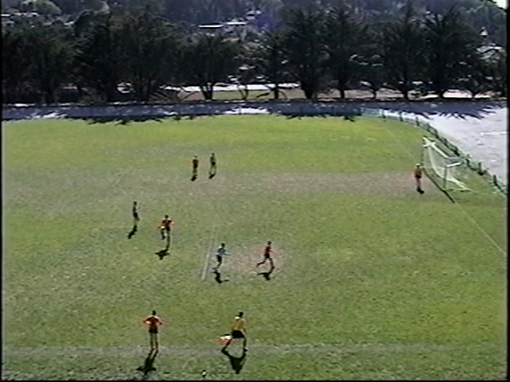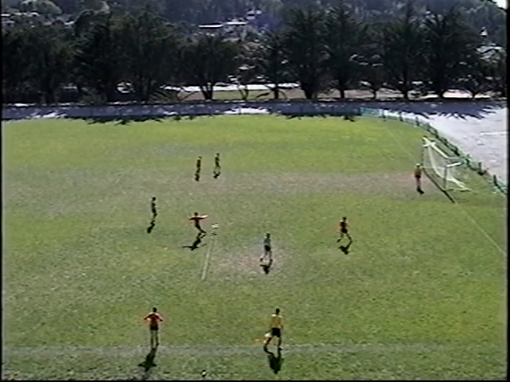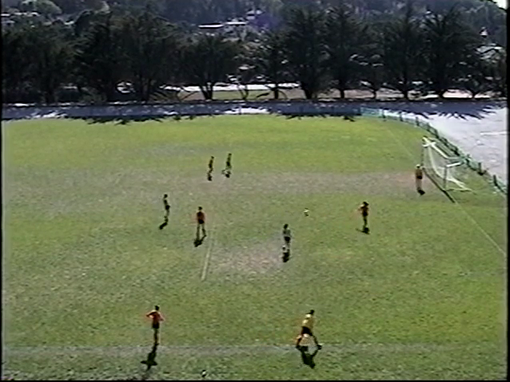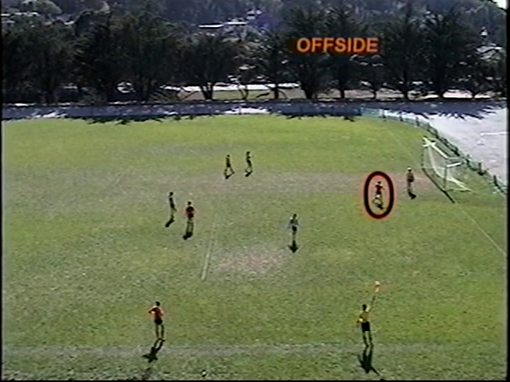At the same time, the lead attacker has moved into an offside position, ahead of the second-to-last defender. This player has received the ball directly from the throw-in, so from this moment on, the offside rule applies. At the moment the ball is kicked forward, the lead attacker is in offside position. Since she receives the ball from her teammate and not from the throw-in, an offside infraction occurs.